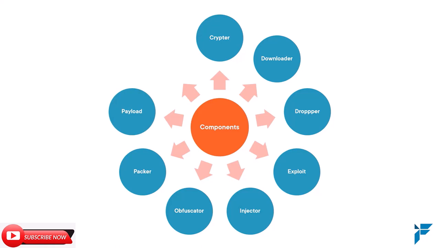We also have the payload. The payload is actually the file that is activated. The payload could be used for deleting your files, infecting systems, encrypting it. It's basically the big bad boy. And finally, we have the malicious code. This is a piece of code that's malicious.